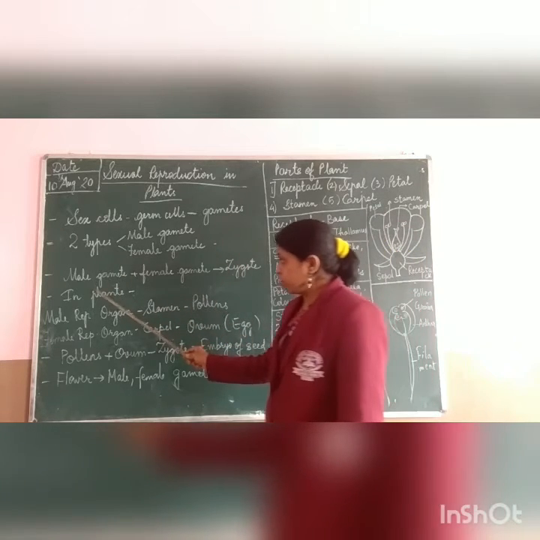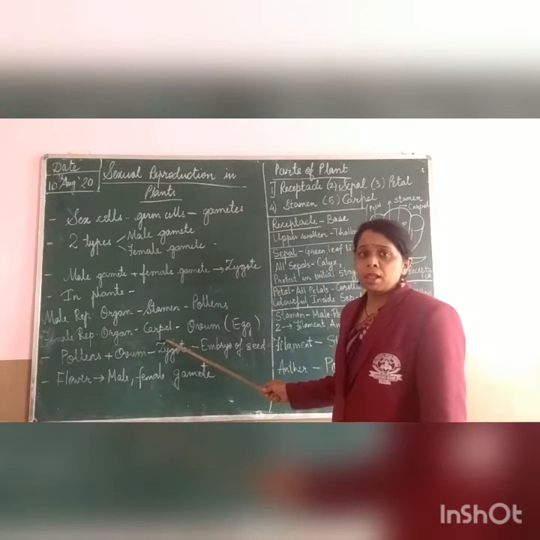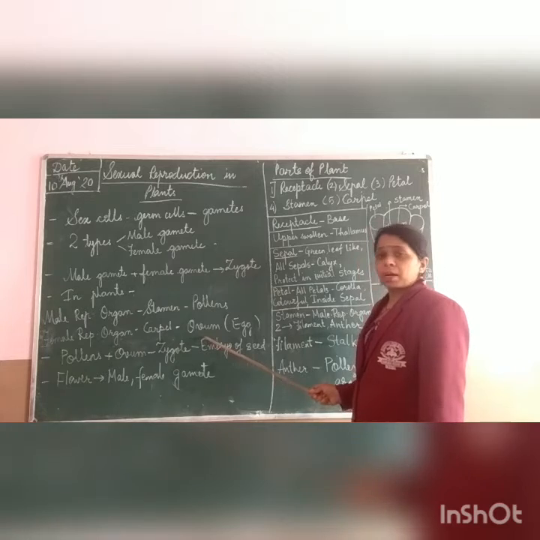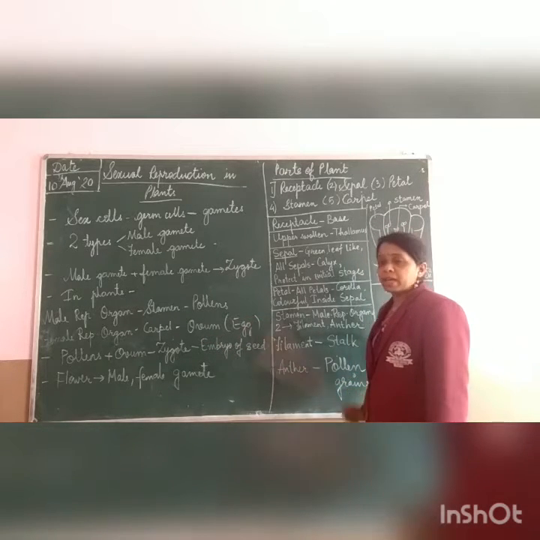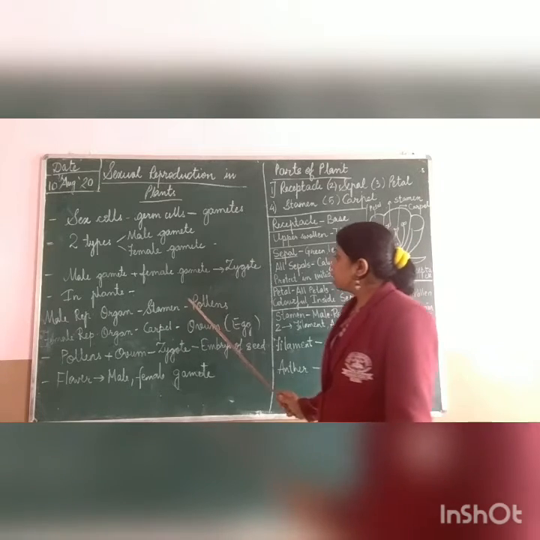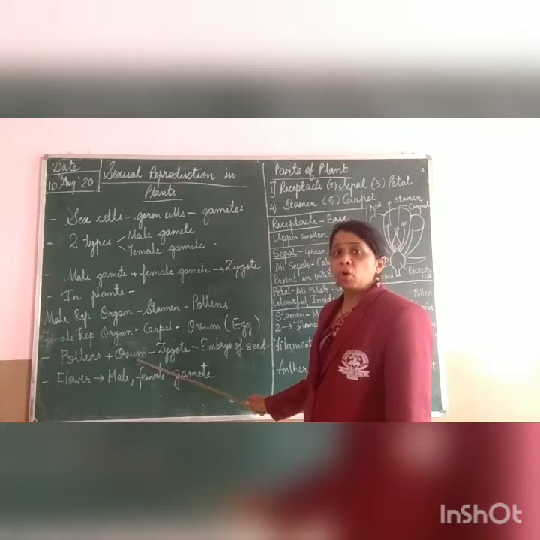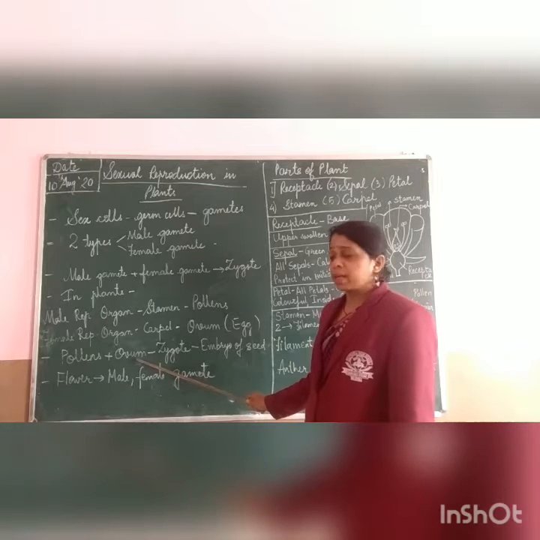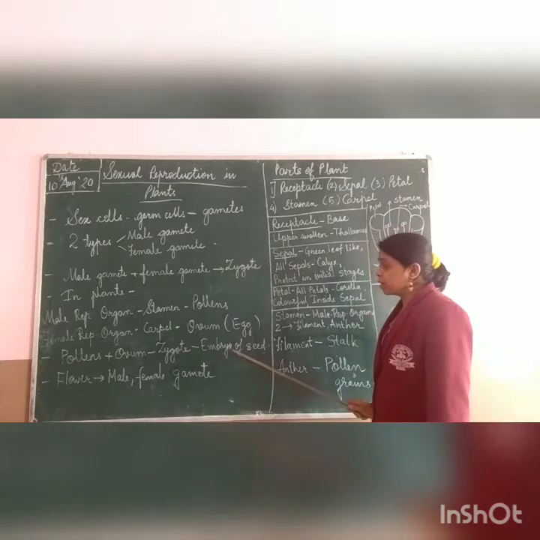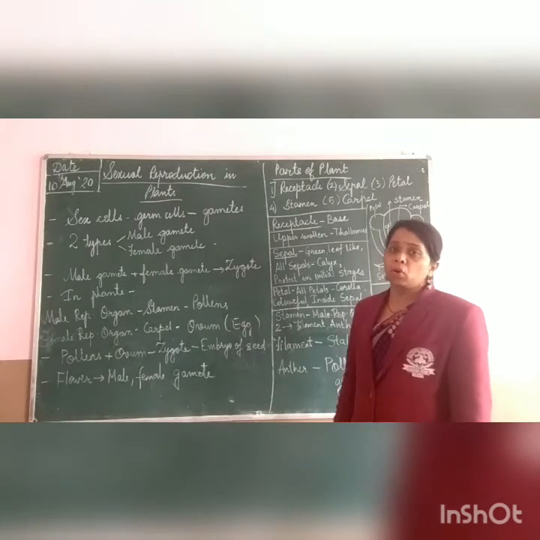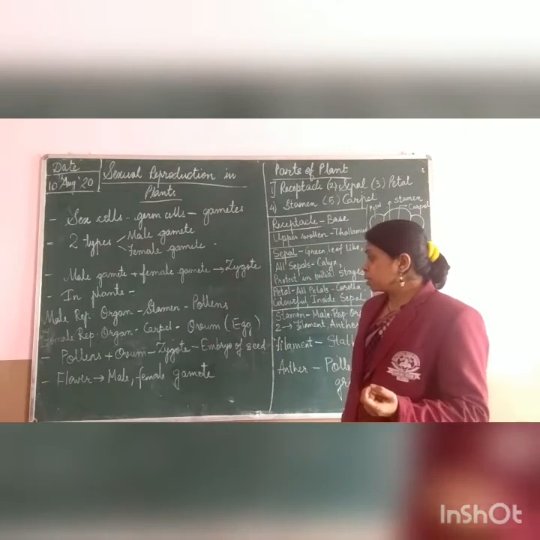In plants, the female reproductive organ is the carpel, and it makes the female gamete, which is called the egg. That means pollen grains will fuse with the ovum or egg and form a zygote, and the zygote will develop into the embryo of the plant. It will be inside the seed.